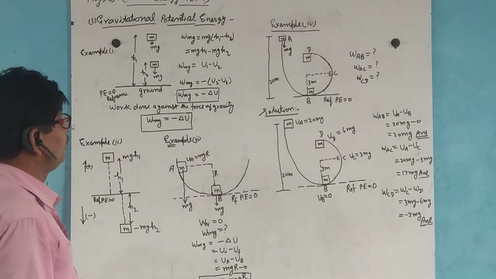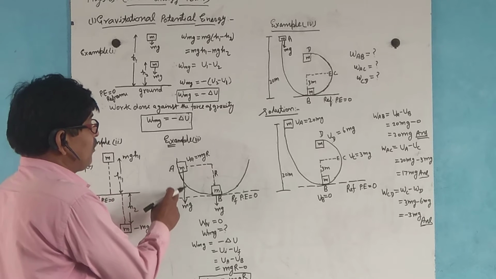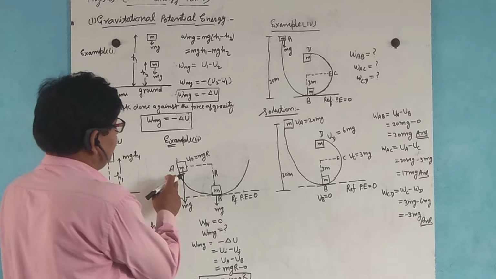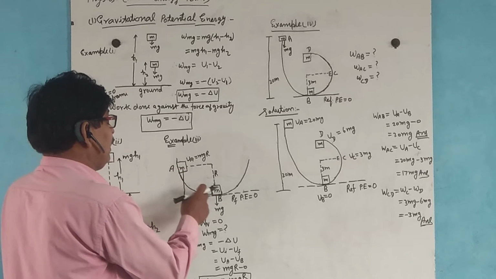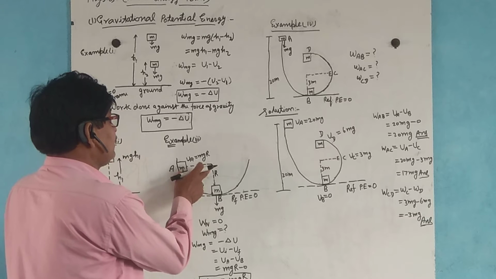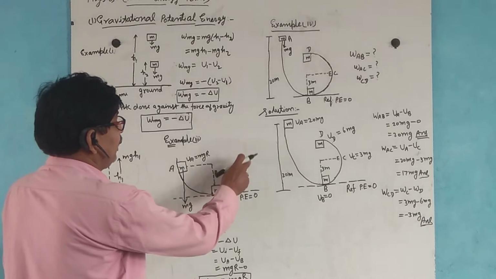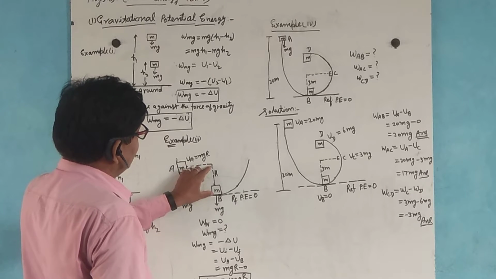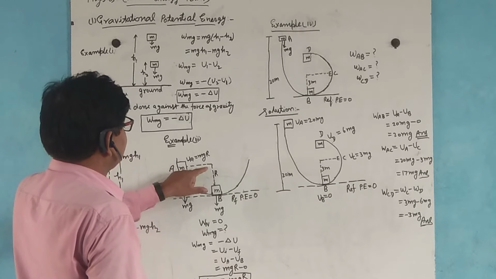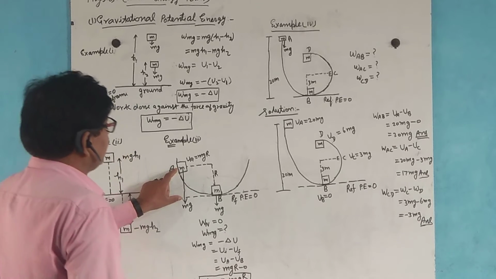Now example third. Here this is a block, the mass of the block is m, and it moves from position A. The path is a circular path, so this distance is r, and this is parallel to this, so this distance is also r.